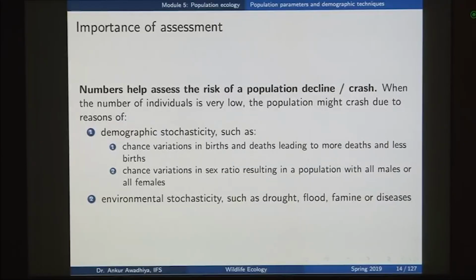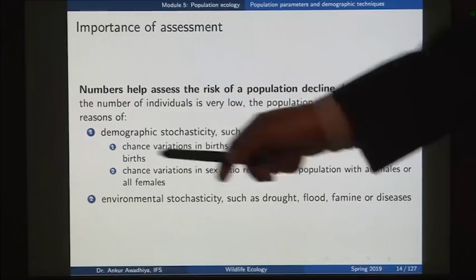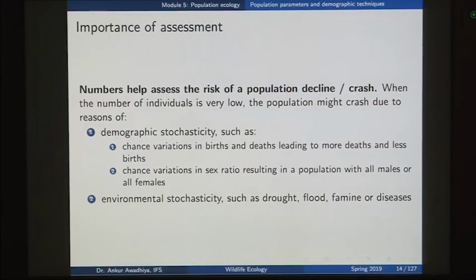Or, for instance, you want to understand if demographic stochasticity is going to have any impact. Demographic stochasticity is one example that we have already seen. The second example is chance variation in births and deaths. Every population has some births and some deaths.